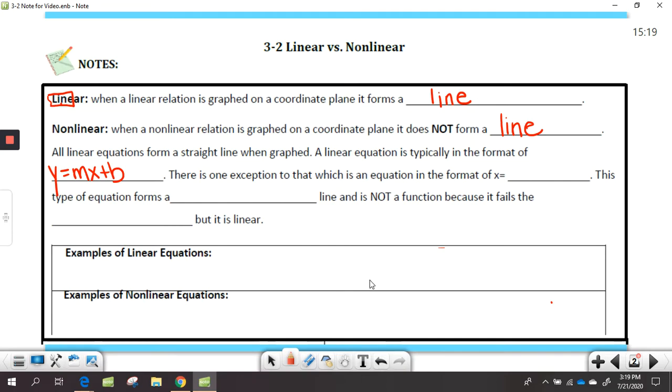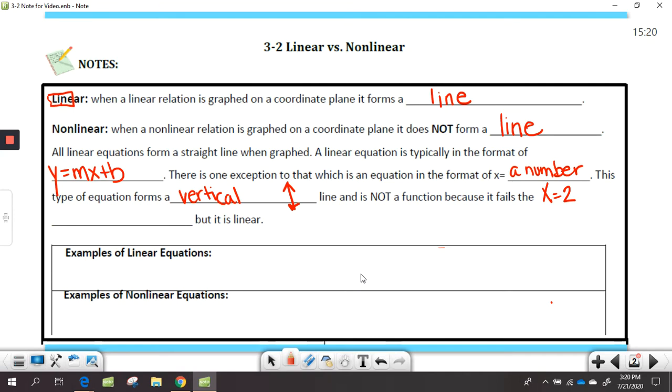There's one exception to that, which is the equation in the format of x equals a number, such as x equals 2 or x equals 5. This type of equation forms a vertical line. Vertical is straight up and down.